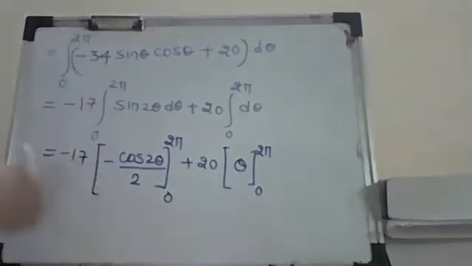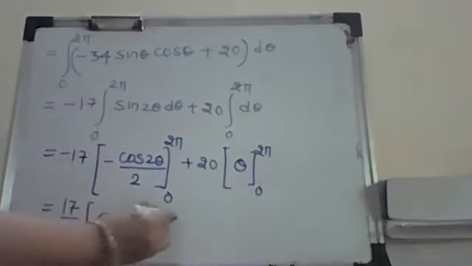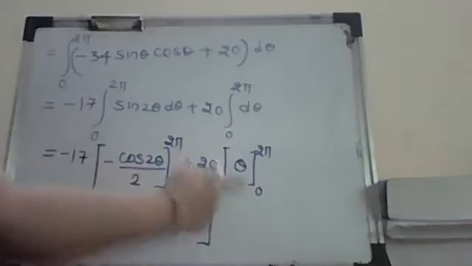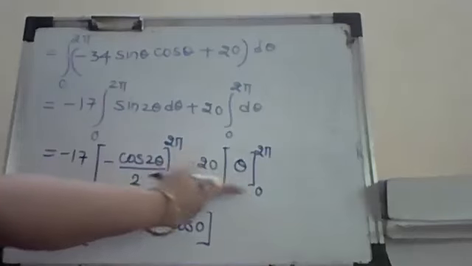Now I take out the minus half outside, so this is 17 by 2. Now when you put in the upper limit and the lower limit, I'll get cos 4 pi minus cos 0. And what about the other term? It is 2 pi minus 0. When I put theta as 2 pi, you get 2 pi, and when you put theta as 0, you get 0.